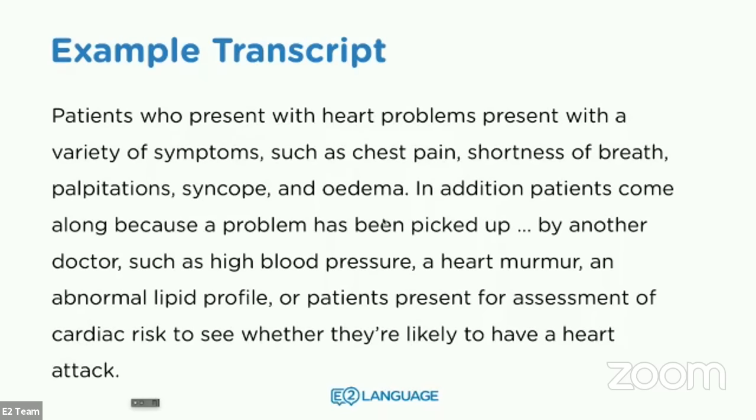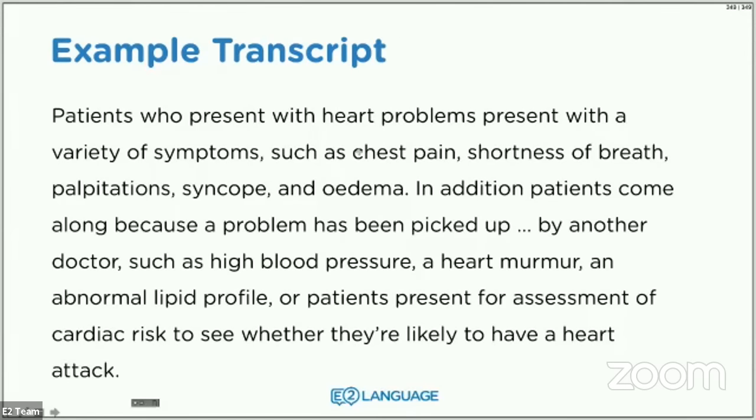Now again, within this, if you remember before from that question I showed you, it said, what are the symptoms? So here's the key word which indicates you're going to hear a bunch of symptoms. This one was listed. I think this one was listed. This one was not listed, so you would have to write palpitations. Good thing is that you don't have to worry too much about spelling.